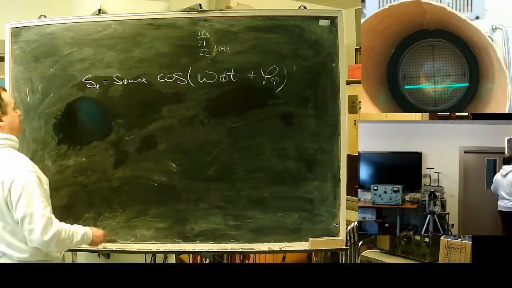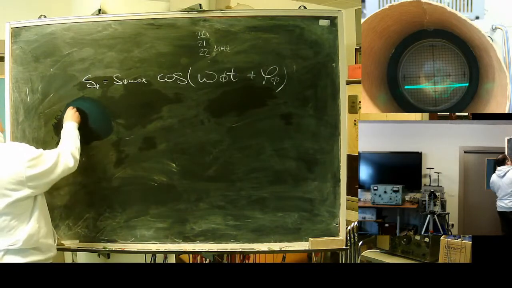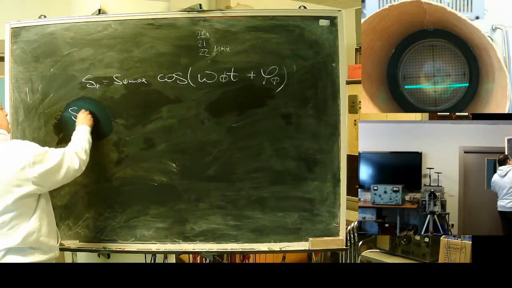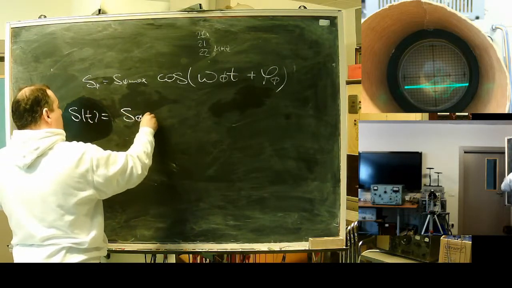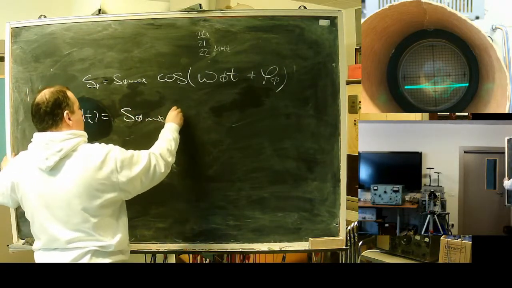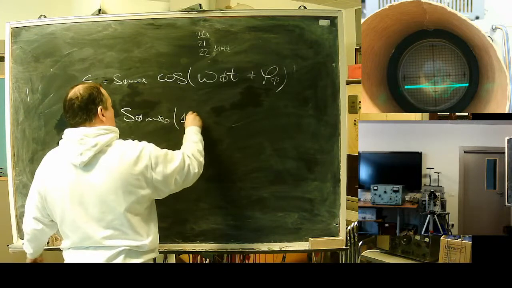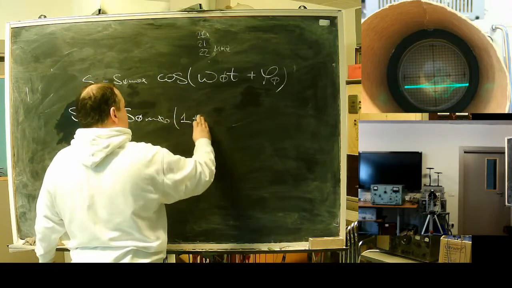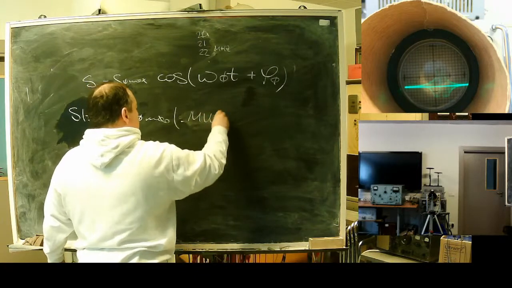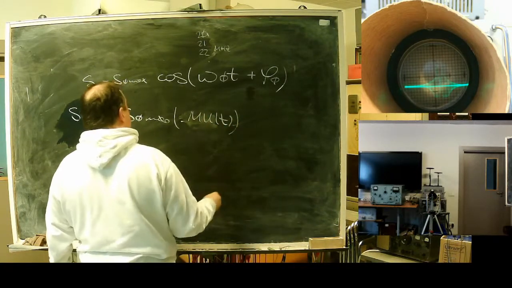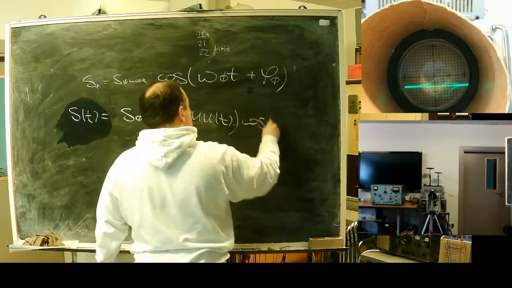What can I do? I can use, create, for example, this way. S0, 1 plus, okay, easy. Cosine omega.